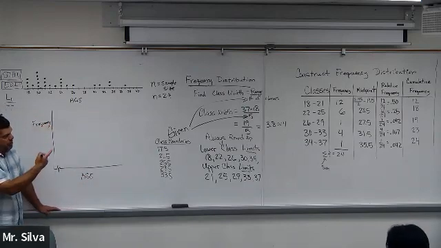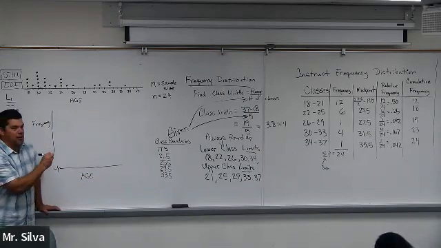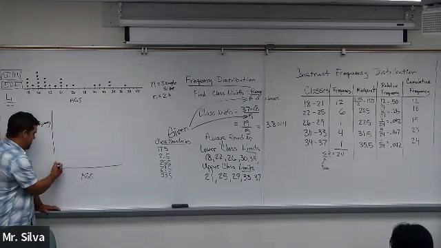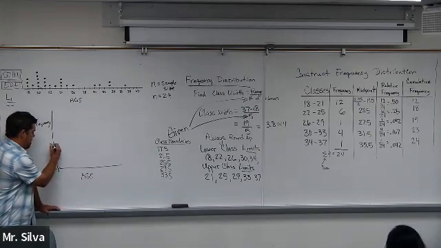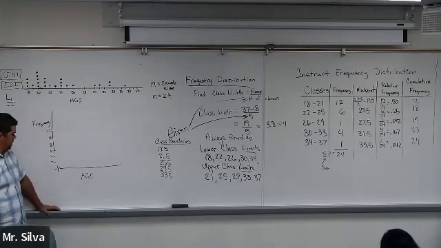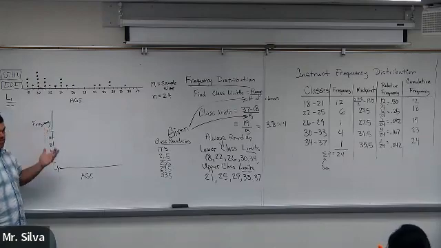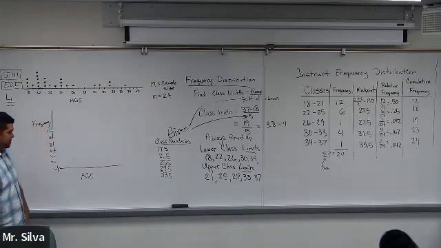The biggest number is 12 frequency. So I'm just going to go by 2s. You can go by 1s if you want to. I'm going to go by 2s. 2, 4. And try to make your scale as accurate as possible. Scale meaning I separate these by the same amount. My biggest bar on there was 12, which is the first group.